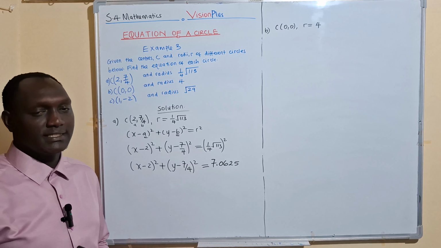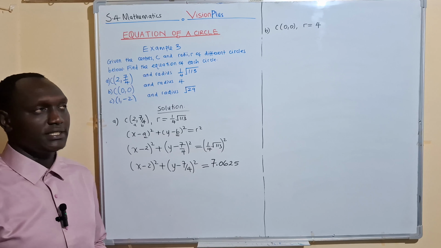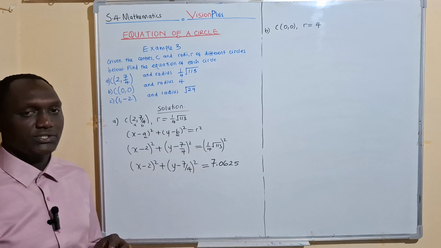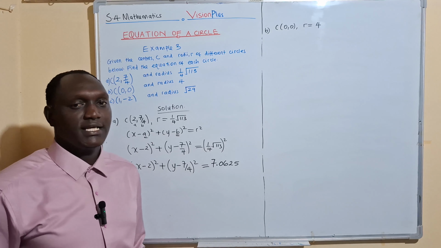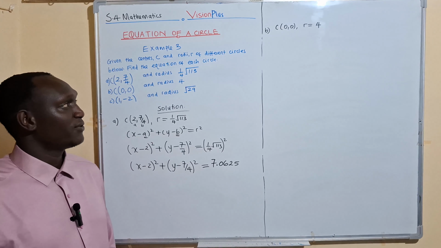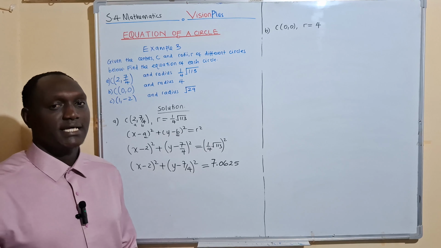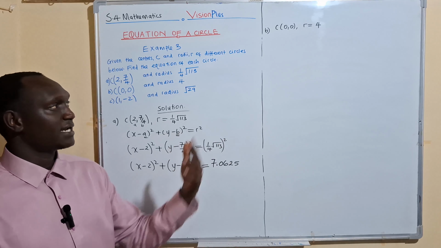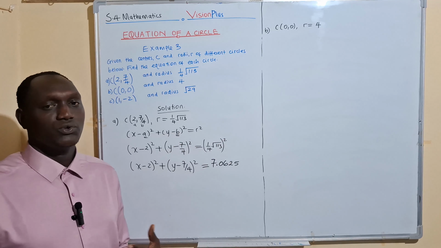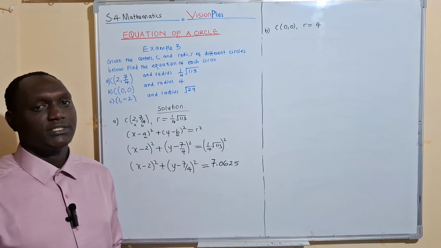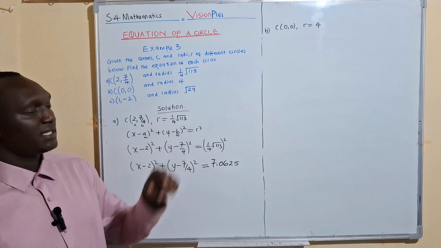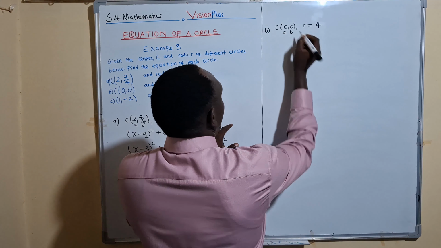Some questions can even say find the equation of a circle whose center is at the origin and has a radius of 4. So you must know that if the center is at the origin, the coordinates of the center are (0, 0). So these are the coordinates a and b.